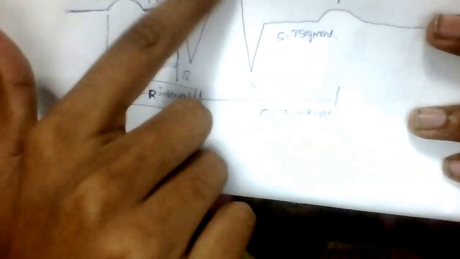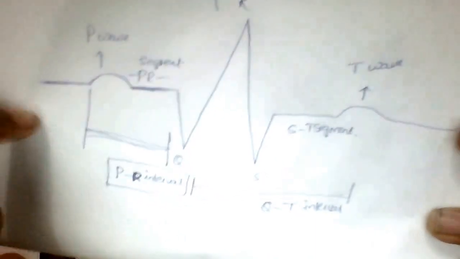The RR interval is present between one R and the next R. The RR interval indicates one cardiac cycle, from the blood entering the atria and then the ventricles, through to relaxation. It covers atrial systole, ventricular systole, and cardiac diastole.